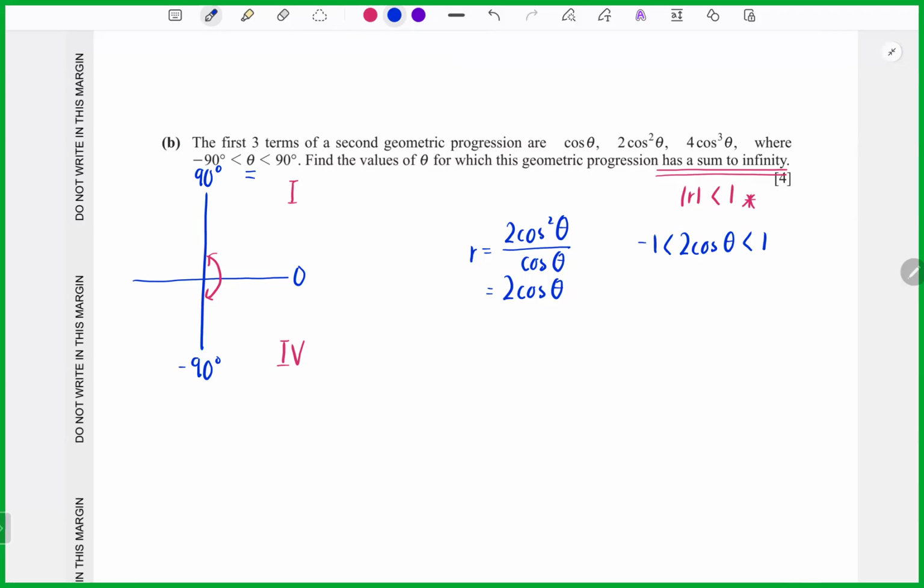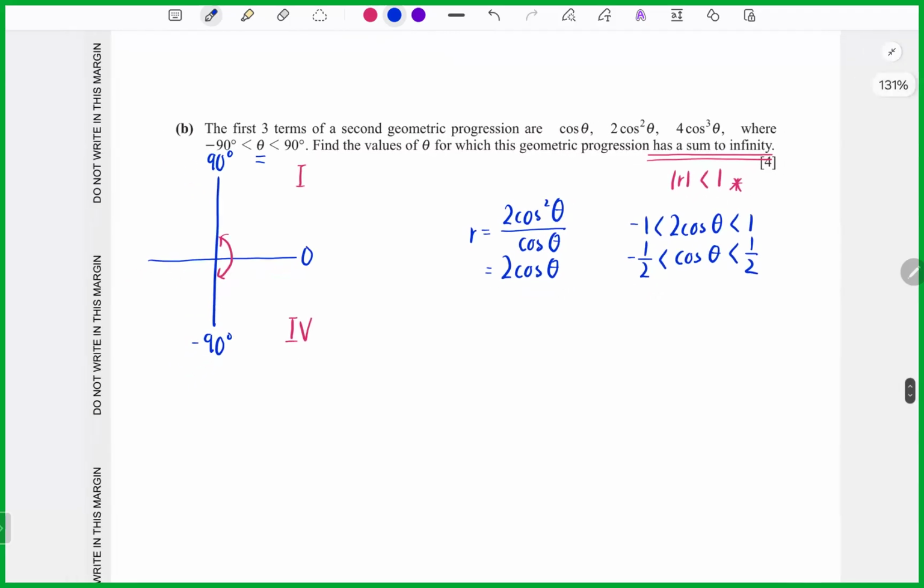Then cos theta equals 1 over 2, so you can find the reference angle first.